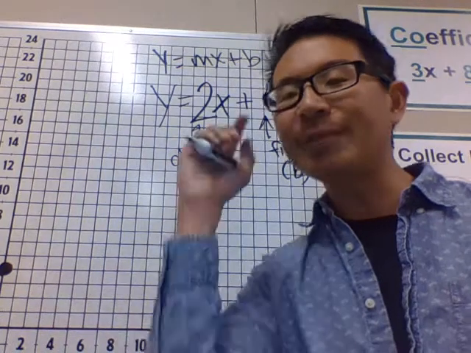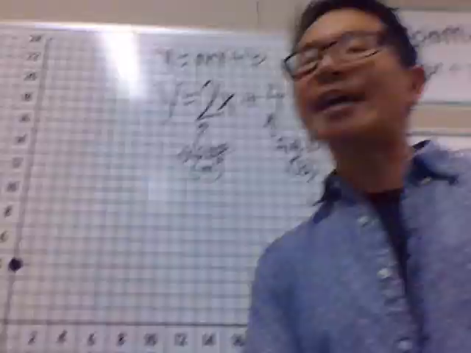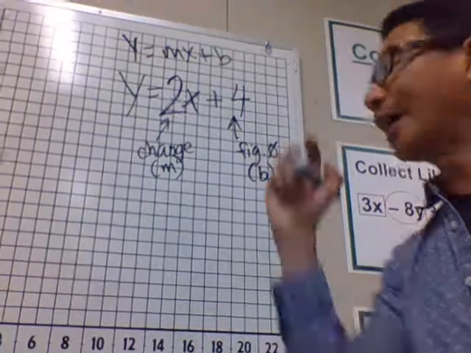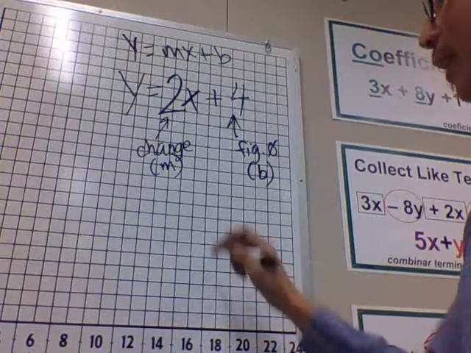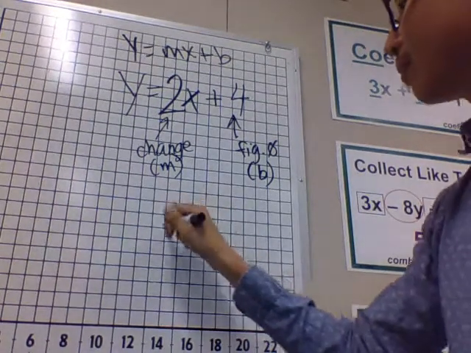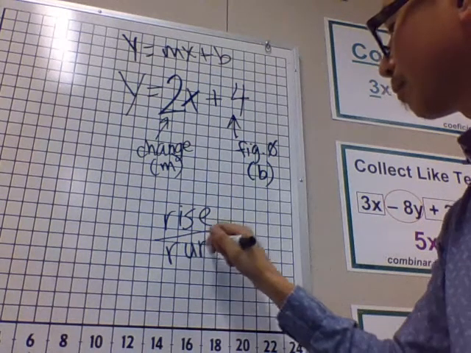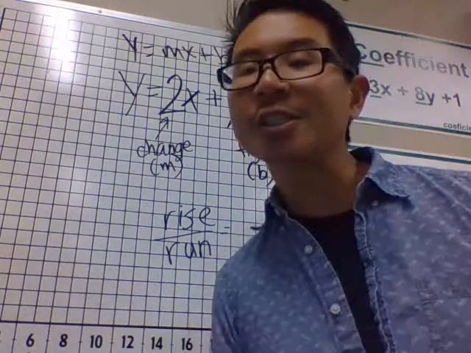Well, that's where you need to think about the concept of rise over run. Rise over run. 2 can also be rise over run.